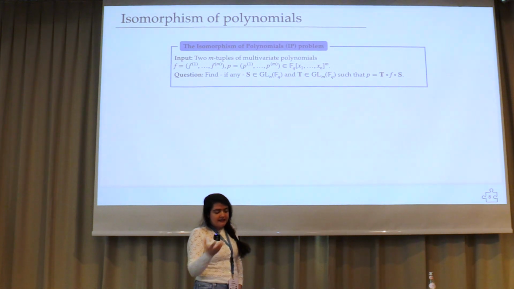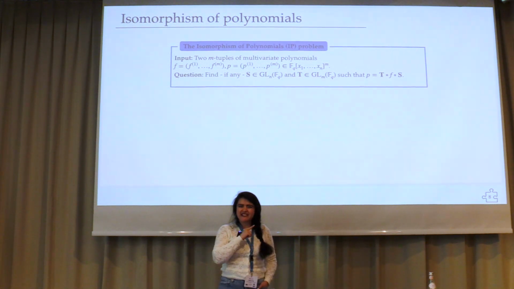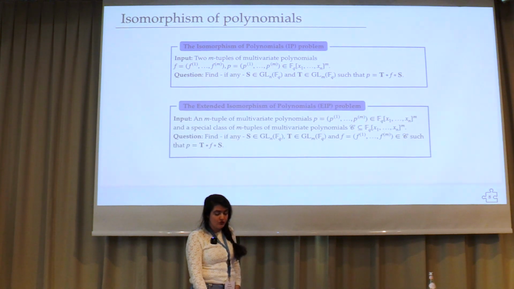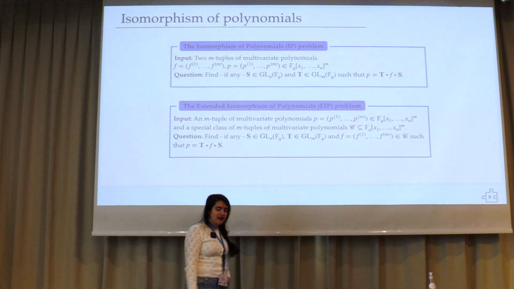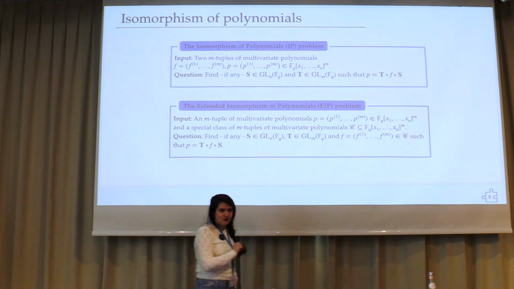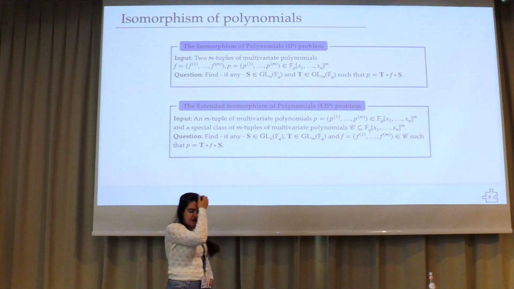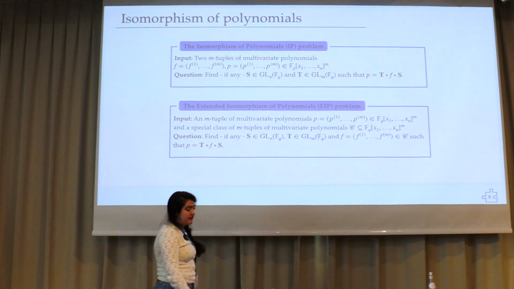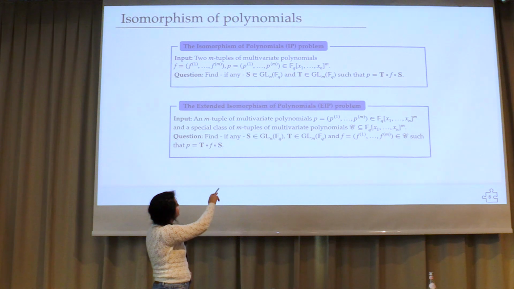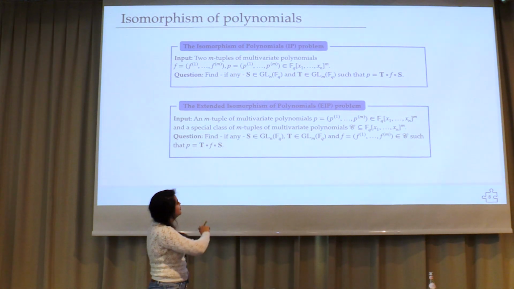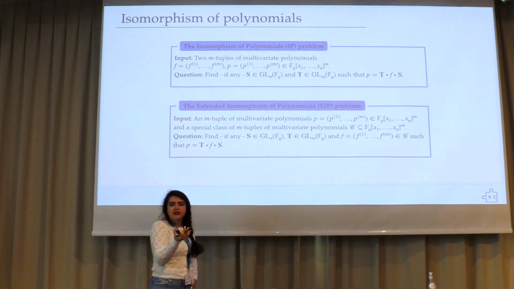As I told you, this is one hard problem that we know of, but it's not exactly the hard problem that we are interested in for this trapdoor, because here we also didn't have F. So this relates to the extended isomorphism of polynomials problem, which is the problem underlying the scheme. You still have as input only P, the public map, and a description of the structure of your central map.